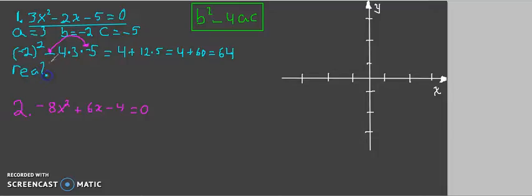A lot of the homework questions are going to actually ask, though, for the solutions if they exist. So if the solutions exist, then they want you to go ahead and finish out the quadratic formula and find the solutions for this. And some questions are going to ask you to graph them as well. So I'll just help you out with that.